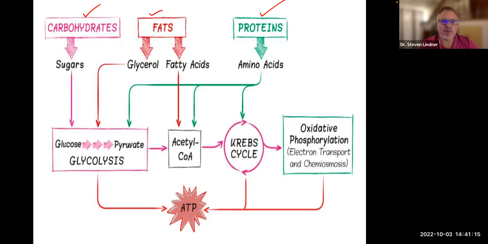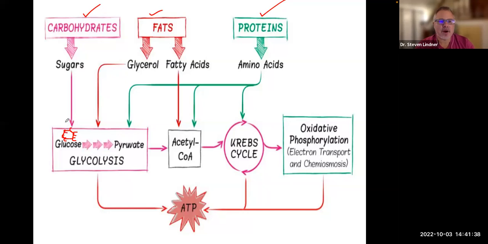Now, what's going to happen with that glucose? Glucose is a 6-carbon sugar. See if I could draw it for you. This 6-carbon sugar, 1, 2, 3, 4, 5.